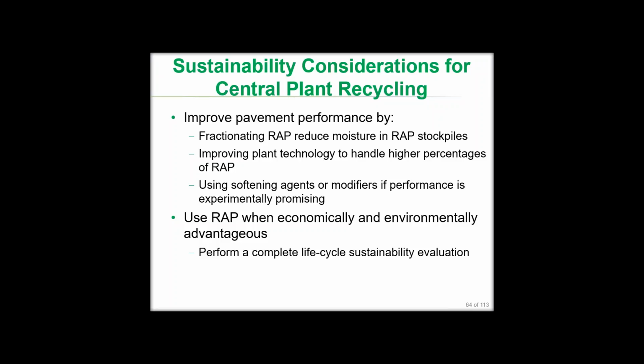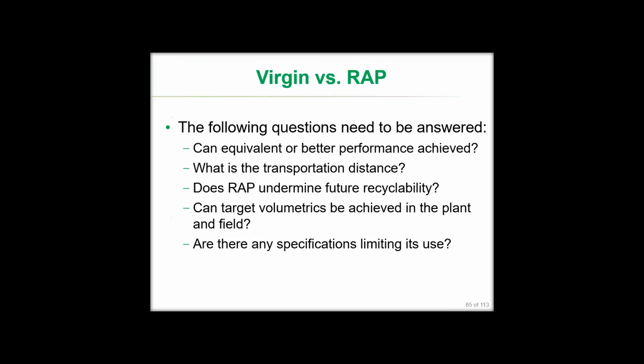And of course, with all that, we have to perform an overall life cycle analysis to make sure that the use of RAP is economically and environmentally advantageous. So it requires a complete life cycle sustainability evaluation, which may include life cycle cost, life cycle assessment, and a performance assessment in addition to sustainability rating.